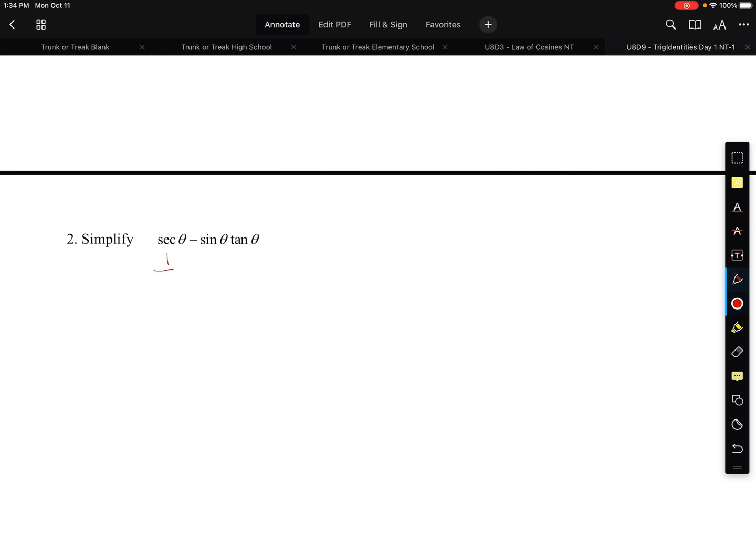So going off the idea from before, I can write this as 1 over cos minus sine times sine over cos. All right, so before I had 3 different functions. Now I only have 2. Well, I can combine cos theta minus sine squared theta over cos theta.